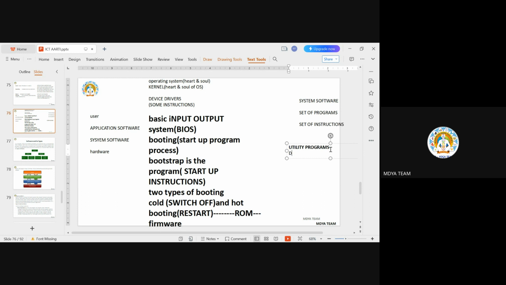Disk fragmentation. The operating system only saves the data. It will not decide which area will be used to store that file. It just sends the data to the hard disk. How the data will be stored in the hard disk, that will be decided by the utility programs. Got it?